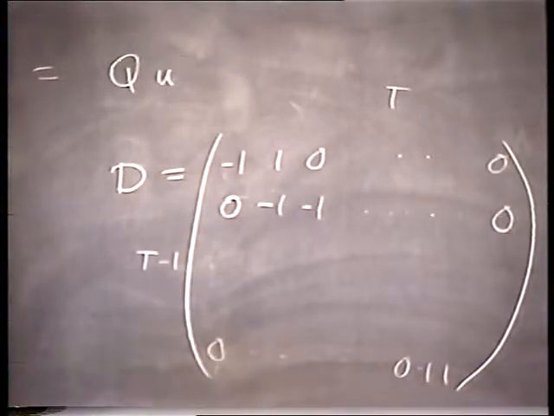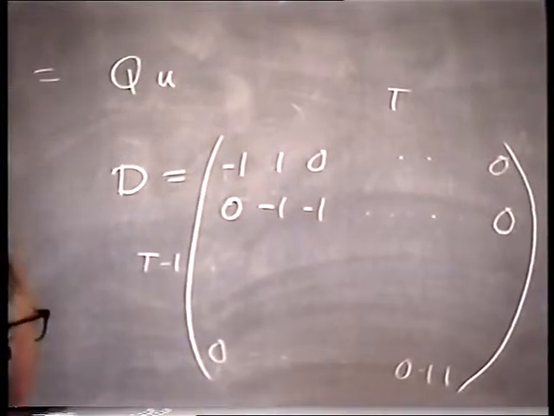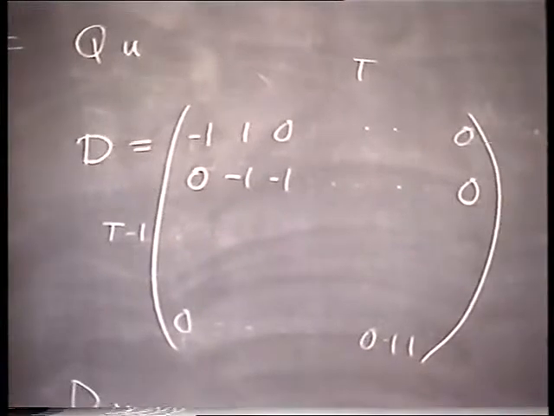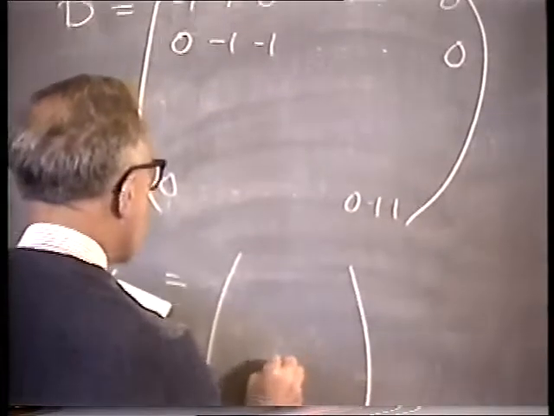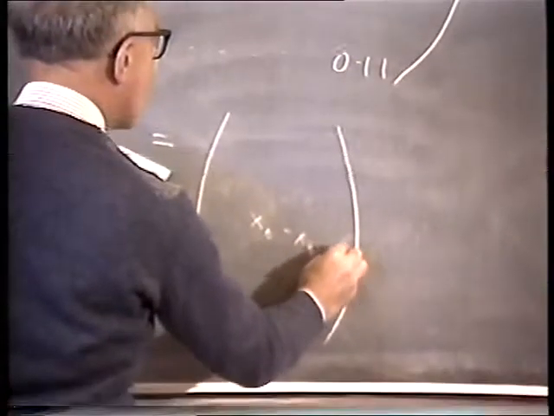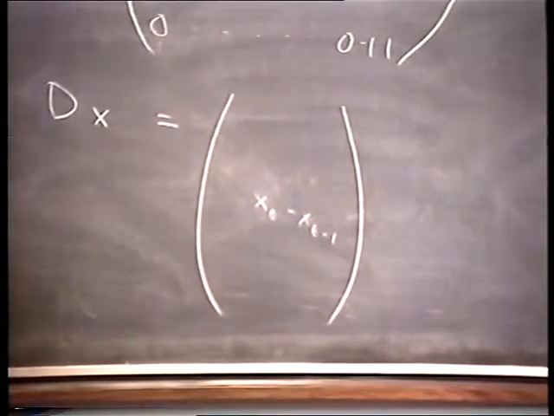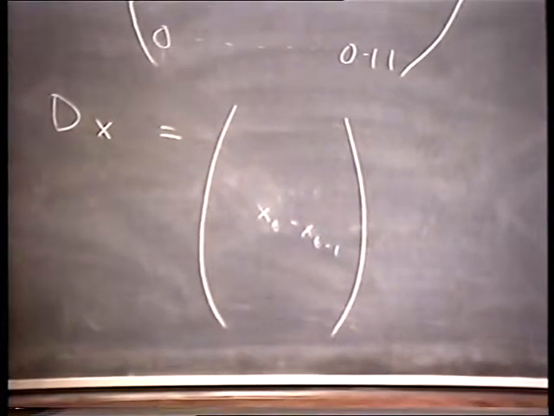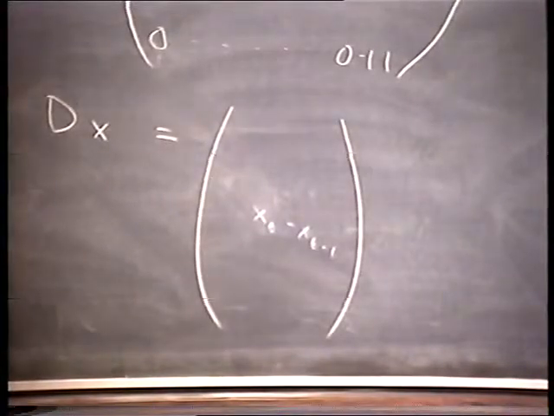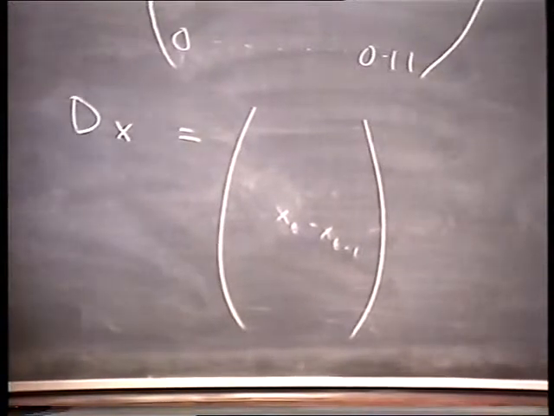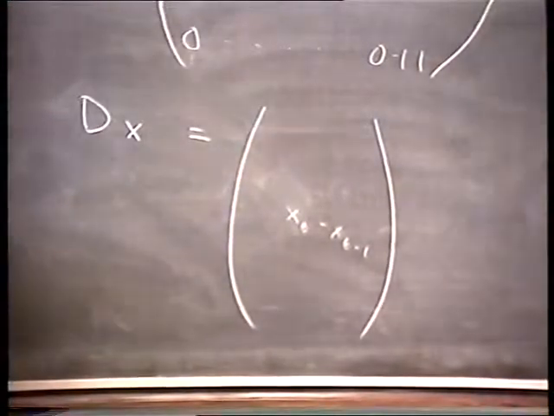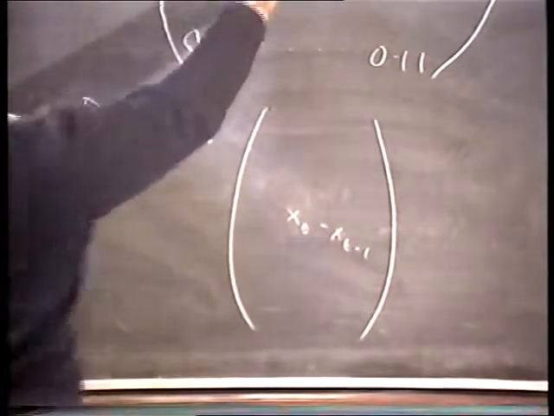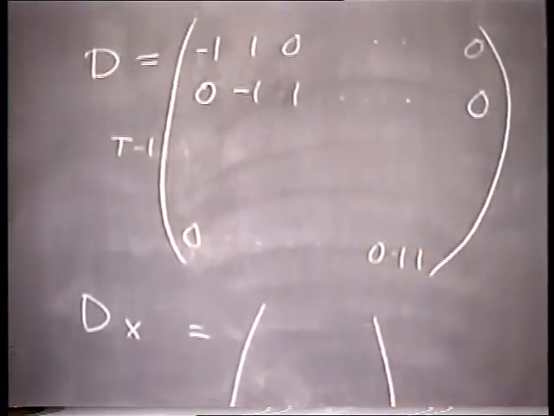The effect of that, of course, is simply that if you apply it to a vector x, it yields you the vector whose elements are x_t minus x_(t-1). It's just the difference operator. I'm sorry, yes, I'm just putting down an extra minus when I don't need it.